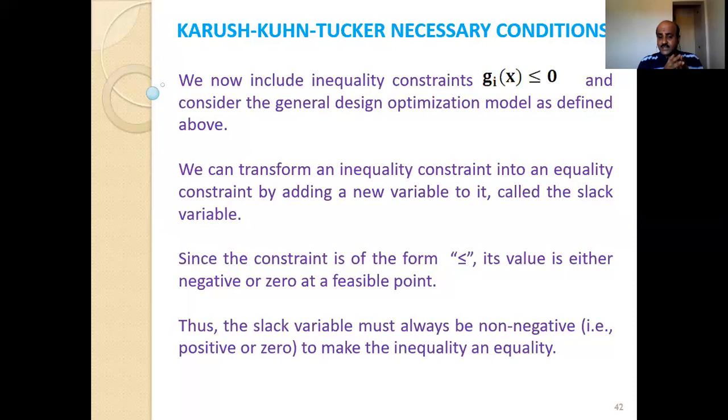Thus, the slack variable must always be non-negative, that is positive or 0, to make the inequality an equality. The slack variable is what you add to transform an inequality into an equality constraint. This is one thing you should remember.